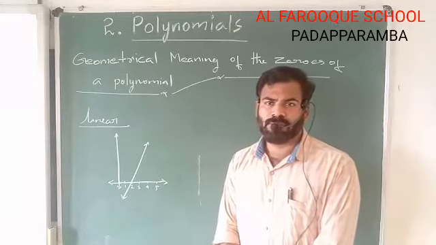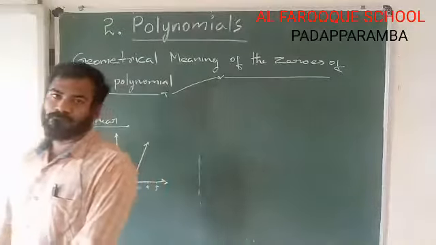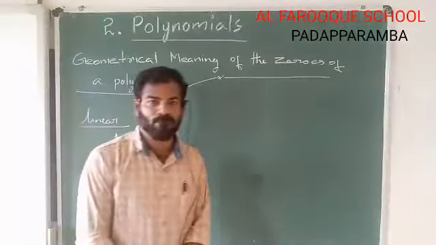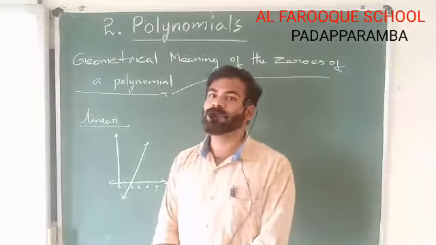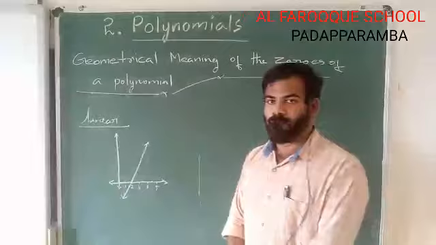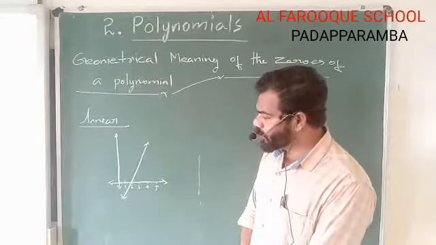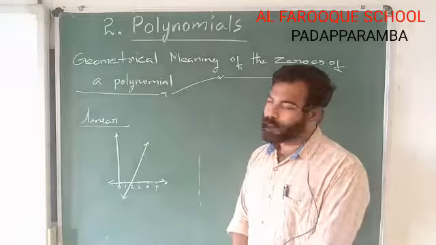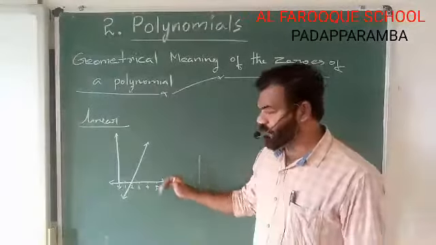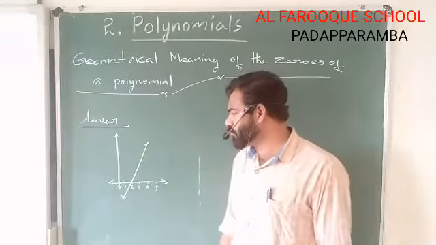Through this topic, we can understand the zero of a polynomial by a graph. How can we calculate the zero of a polynomial? By a graph. That is the meaning of this topic.